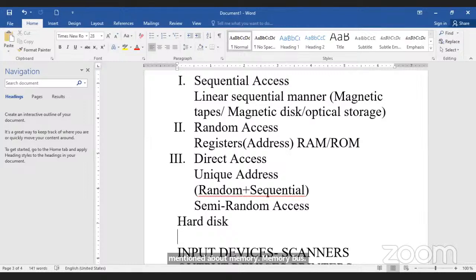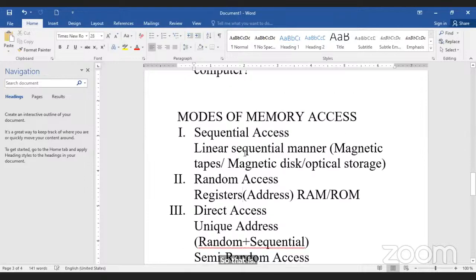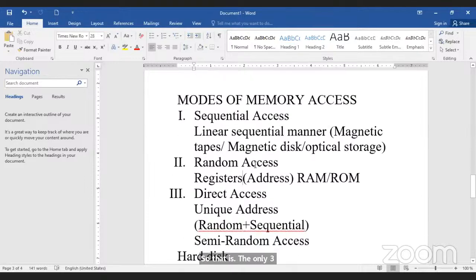They offer that direct access to the files that you have stored on the computer system. So those are the only three main modes of memory access of a computer system.